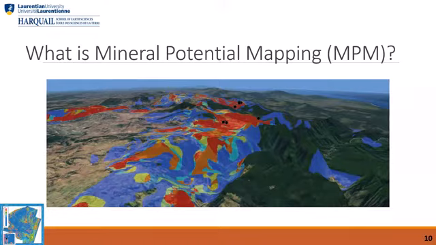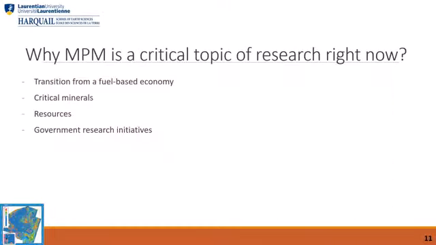What we do with mineral potential mapping is try to reduce the search space for mineral exploration. And by reducing the search space, we are reducing the risk and cost of exploration, because we know for sure that exploration is really expensive, and we try to minimize those expenses.